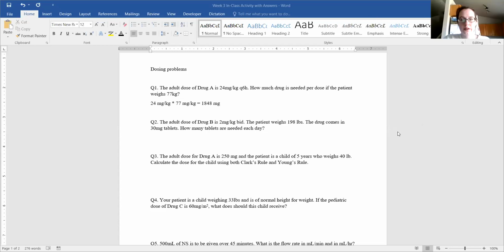And Kayla, if you look at that, there are two charts on the last page of the week 2 assignment. One is for adults and the other is for pediatrics. The pediatric chart gives us two different ways of looking at this. Children vary all over the map.